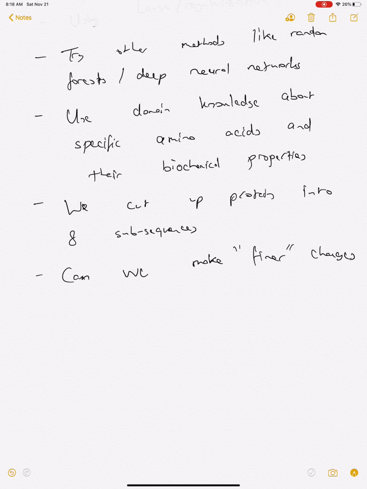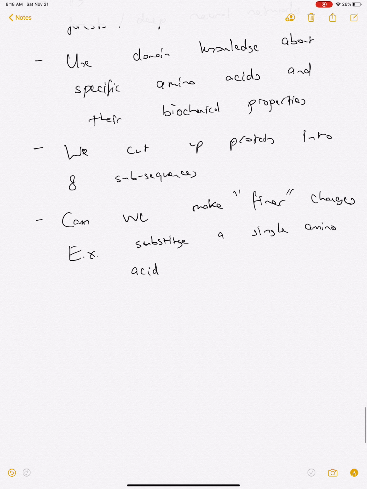For example, substitute a single amino acid and determine the change in functionality.